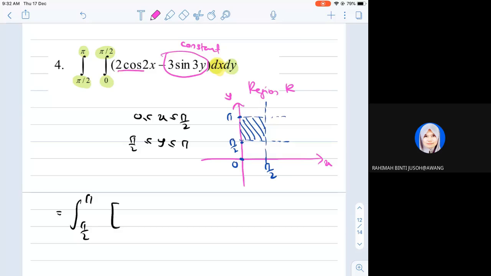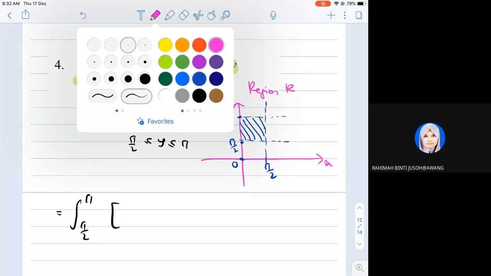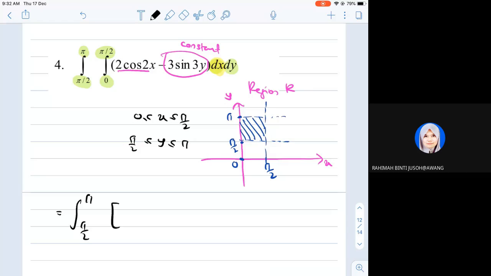Integrate cos 2x with respect to x. Integrate cos, of course we will get sine, isn't it? So sine 2x over 2, and then we bring this 2 to the lower part here. So that settles the first term.